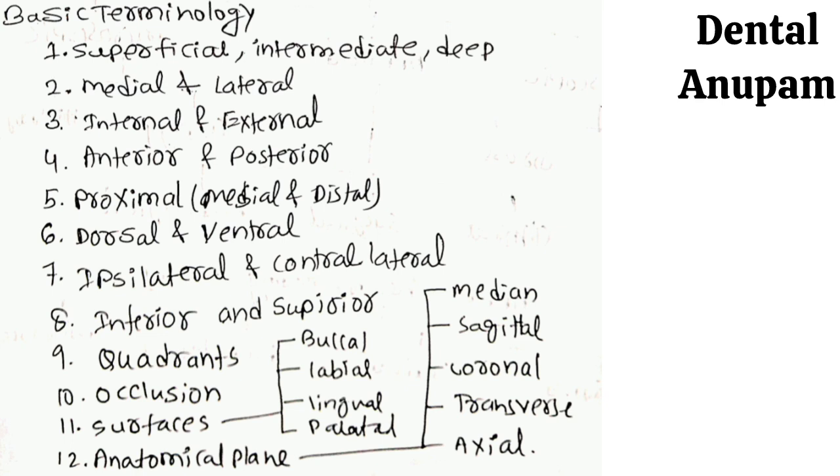Surfaces. The surfaces of the various structures in the oral cavity are named based on the anatomical units nearby. First one is the buccal surface, which faces the cheeks. Labial surface faces the lips.